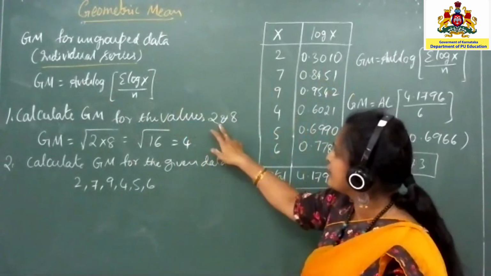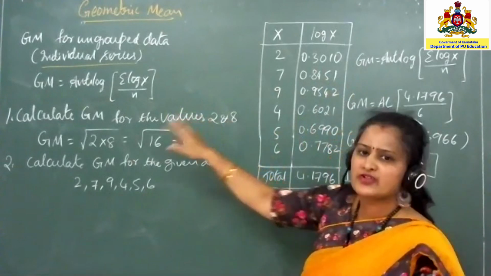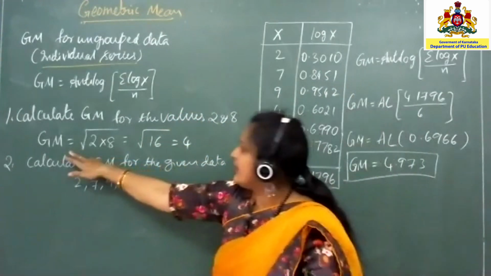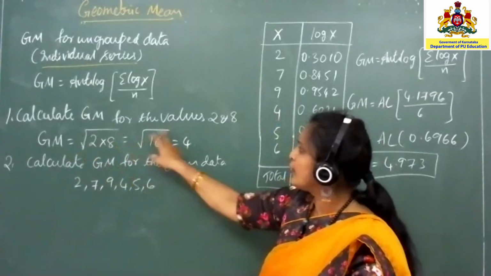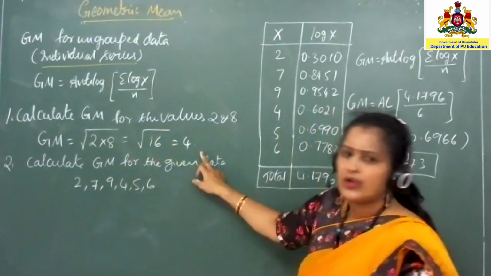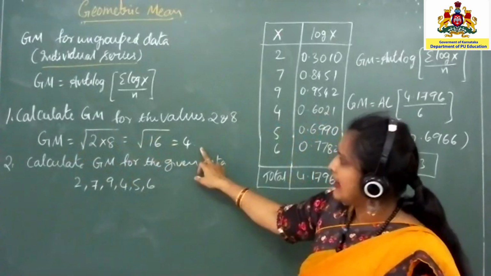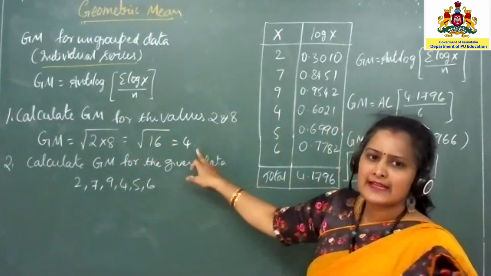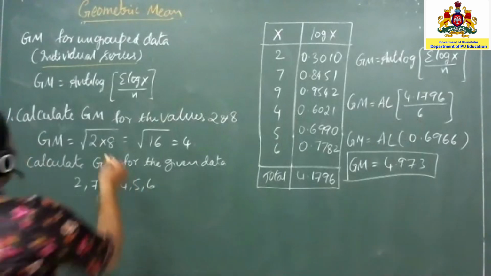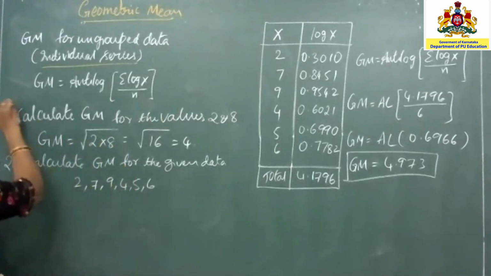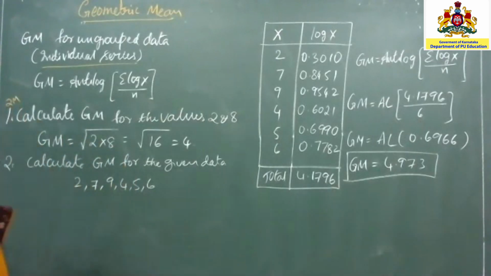Geometric mean is equal to root of 2 into 8, which is root 16, which is equal to 4. So this is the geometric mean for the two values. This is a 2 marks question, so you need to write the formula, and this is very important.